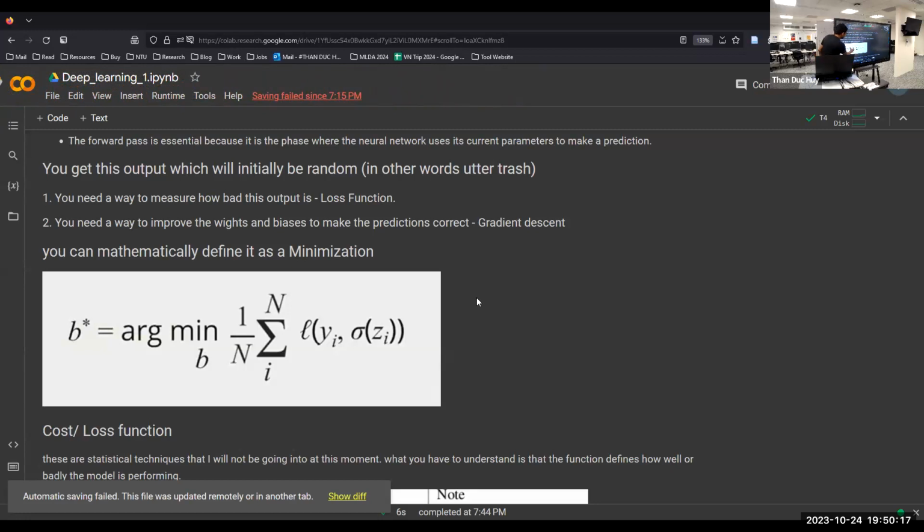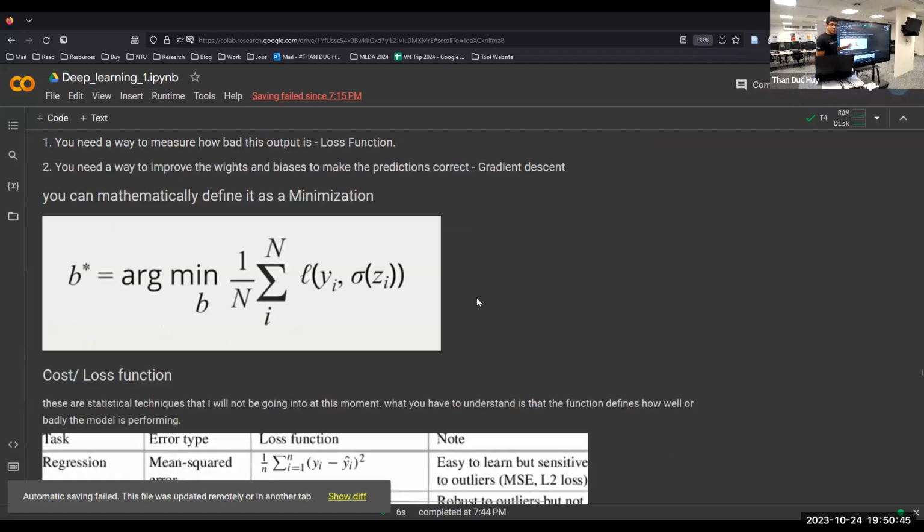The minimum means this function should be minimum, and the b that ensures that is this b. So we have to figure out a way to make this loss function minimum, and find the b that makes it minimum. Essentially, when they're talking about b, we're talking about weights and biases.